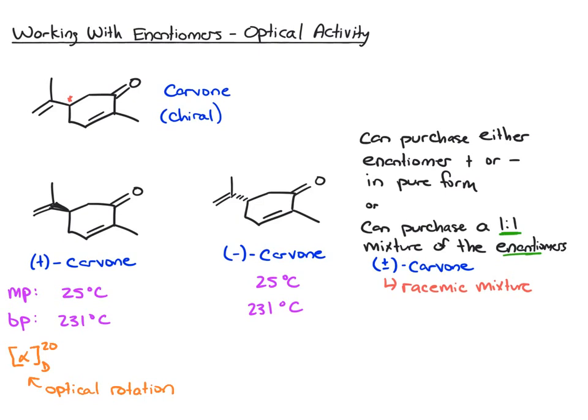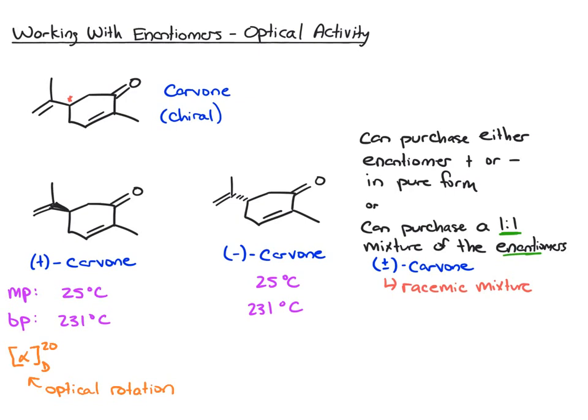The D is just the type of lamp that's used. The 20 is the temperature. And there's an instrument called a polarimeter that you can put a solution of a chiral molecule in, and it measures how the light gets rotated.